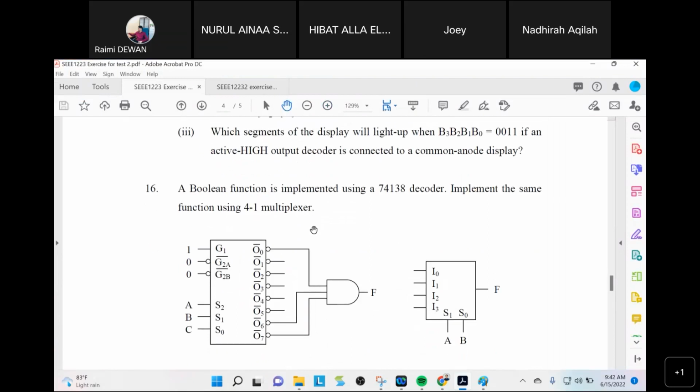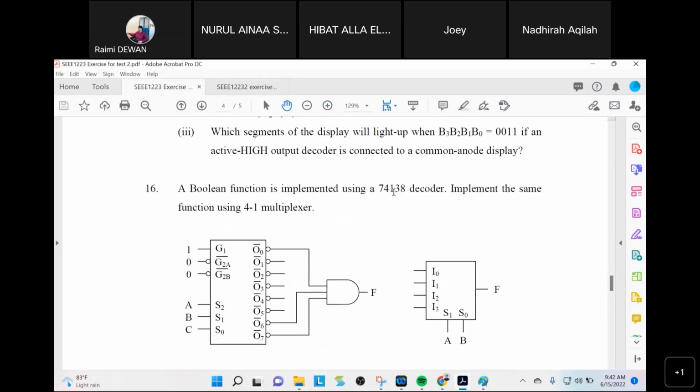So multiplexer also is quite an important chip. Okay, a Boolean function is implemented using a 74138. I think in the final exam last time we gave a data sheet, I need to see. I don't remember past years. Also, I didn't teach this subject last semester.